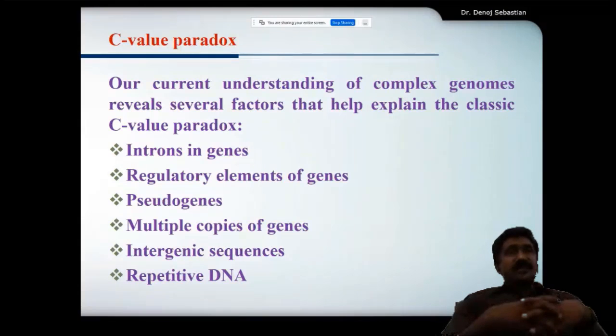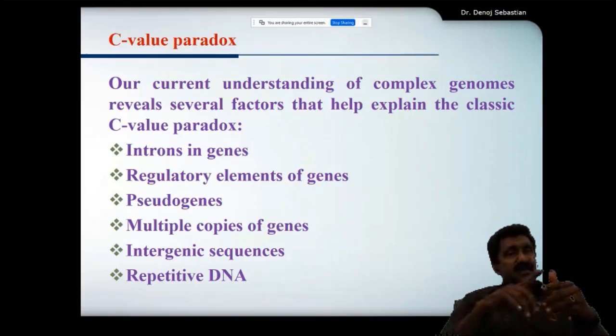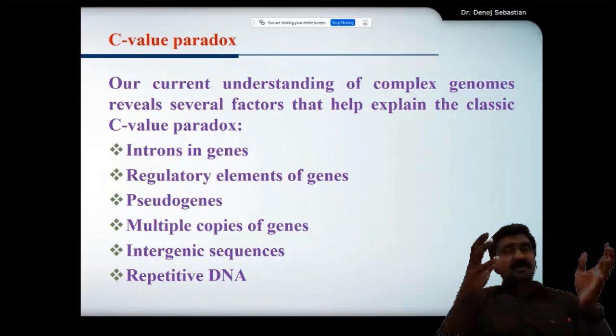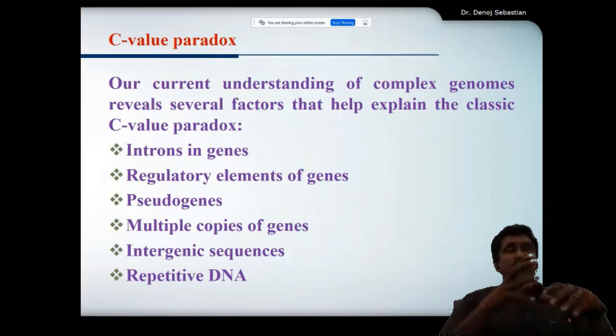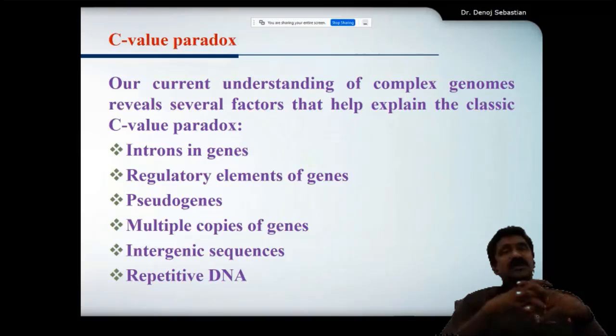This may be introns in the genes, regulatory elements of the genes, pseudogenes, multiple copies of the genes, intergenic sequences, then repetitive DNA. So there are various types of such non-coding or junk DNAs, regions of the DNA which do not actually contribute to biological complexity, present in the eukaryotic system.